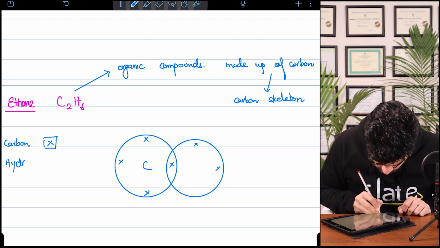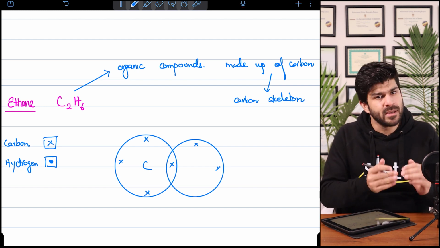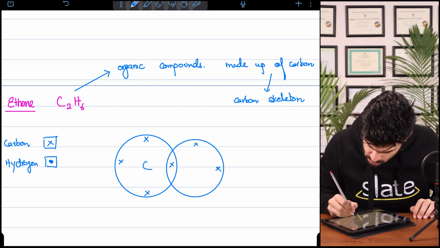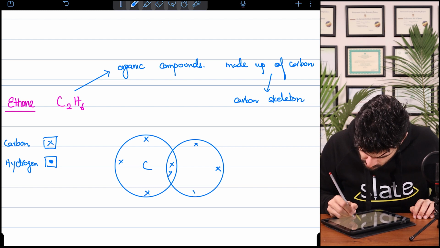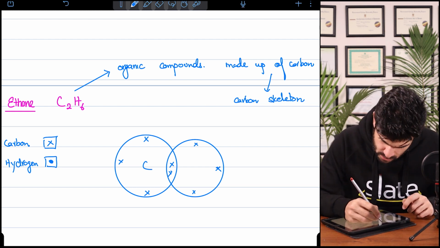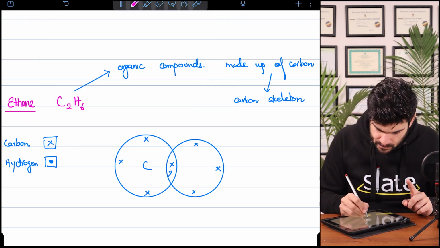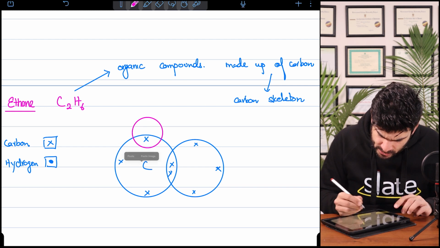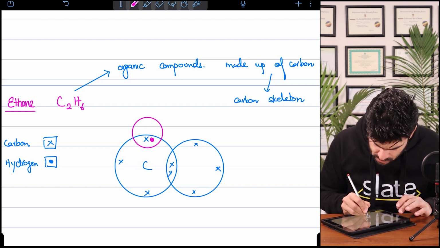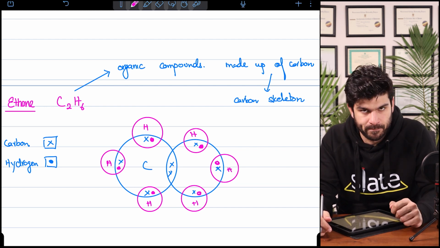Hydrogen is dot. You can ignore that key. It's completely up to you. This time the bonding is shown by X and X, not X and dot. Now, carbon needs 3 more electrons, and each hydrogen can give carbon that. So this is the electronic configuration of ethane.